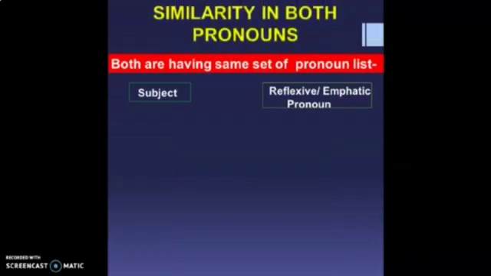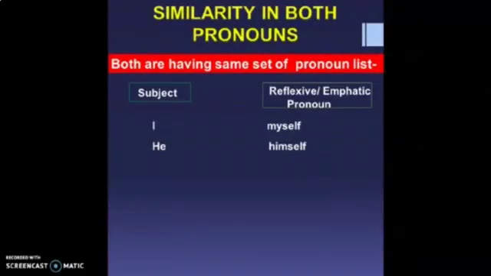The similarity in both pronouns is that both have the same set of pronouns. Children, this is the most important part. You have to learn this part. If you learn this, you can change the sentences very easily. Here, I is used with myself. If I is there, when you have to fill, then myself. And for he, reflexive or emphatic pronoun, both are the same.